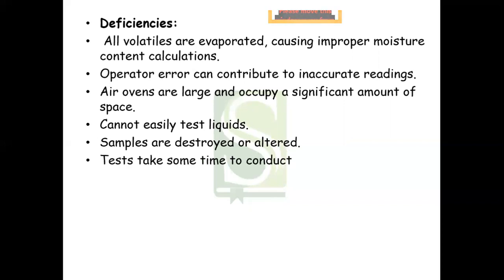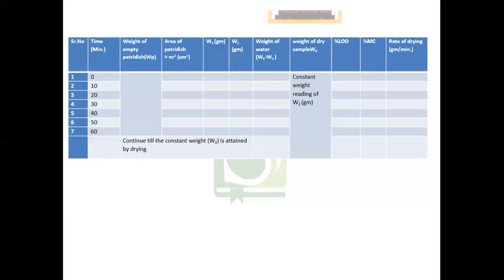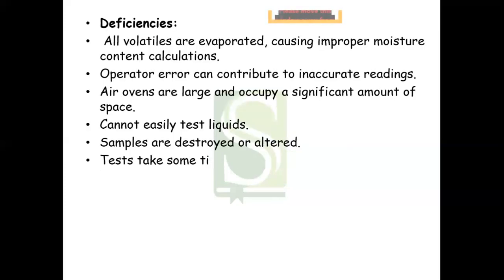The test takes some time to conduct. It is a time consuming process, because you have to keep the substance in the oven. Now let us perform the experiment and see what the procedure is.